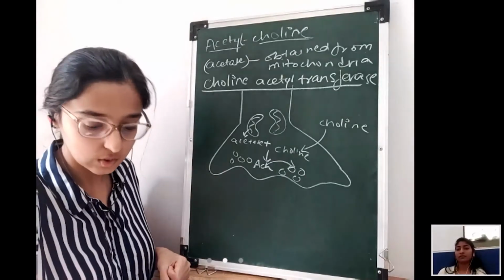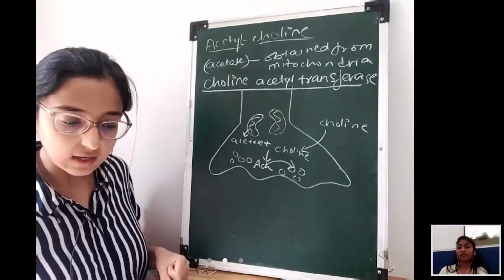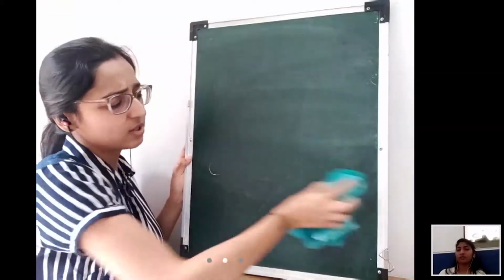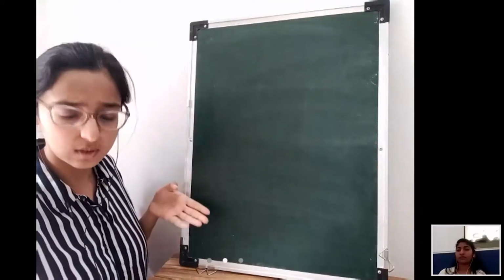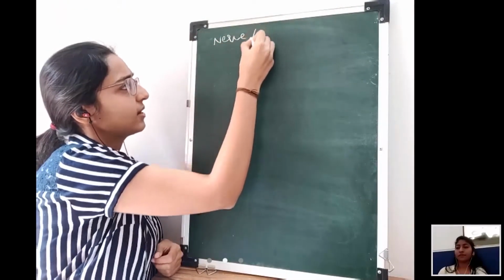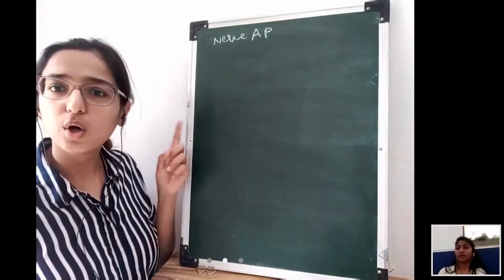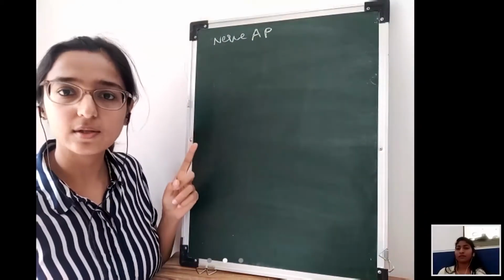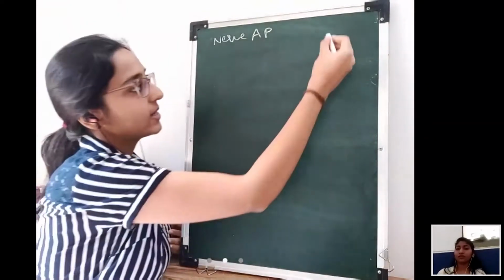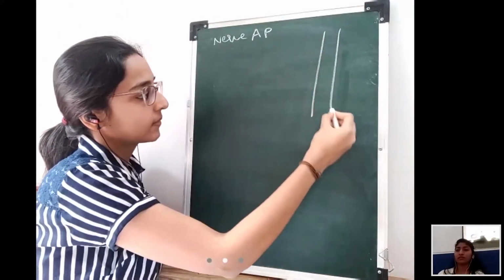Now we'll move ahead and understand exactly how the action potential in the nerve comes to the muscle. We know that a nerve action potential is developed. The stimulus has come on the nerve. This is the nerve membrane.